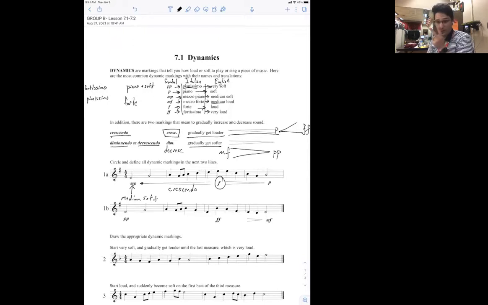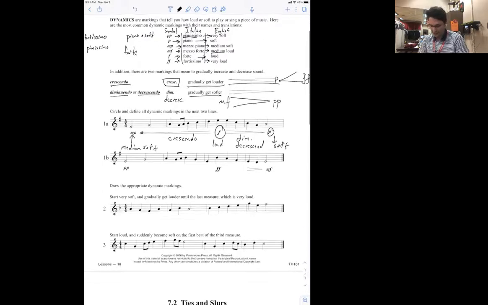Forte is one of our main two terms, and that means loud. So we're gradually getting louder, and then we're going to gradually get softer. So I'm going to give both options, which could be diminuendo or decrescendo, which means to gradually get softer. And then we end with piano, which means soft. Okay? You can do 1B on your own. We'll probably also look at that one tomorrow in class.